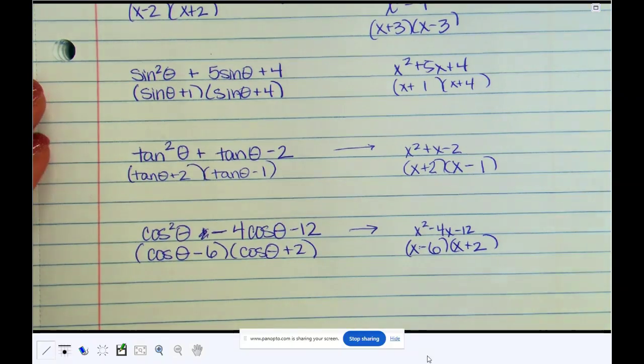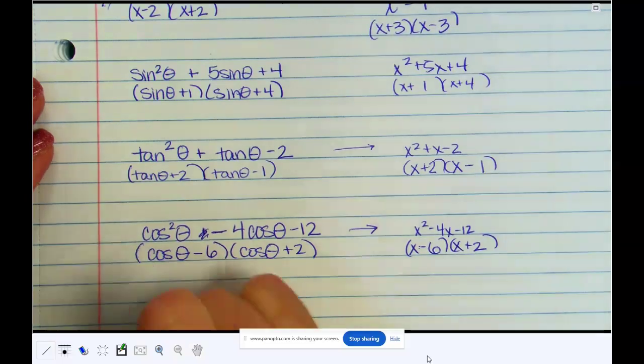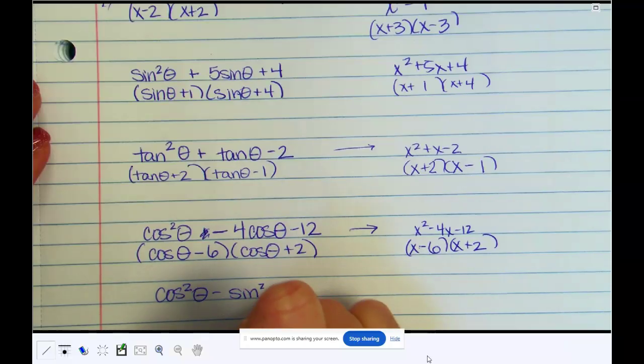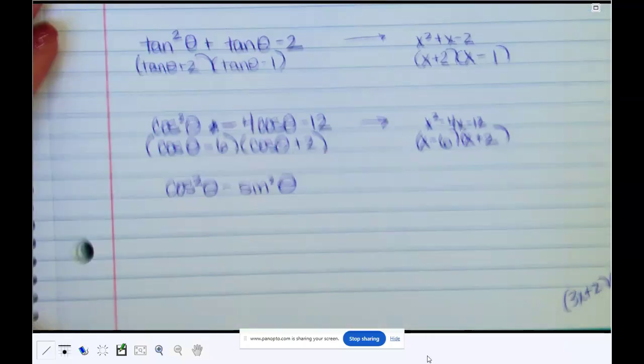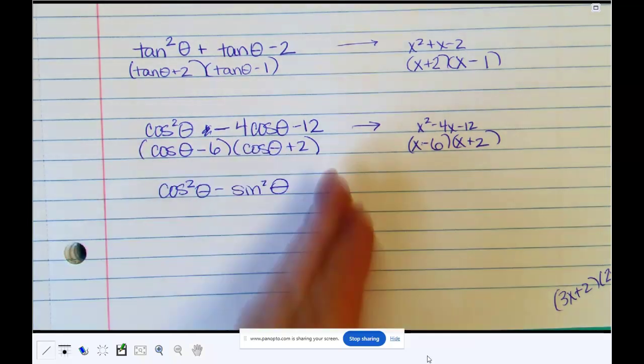Now, this is why I told you about difference of squares up there, because you might see something like this. Right? That is not a quadratic that we've looked at ever. That's weird. But this is a difference of squares because you have a thing squared minus a thing squared.